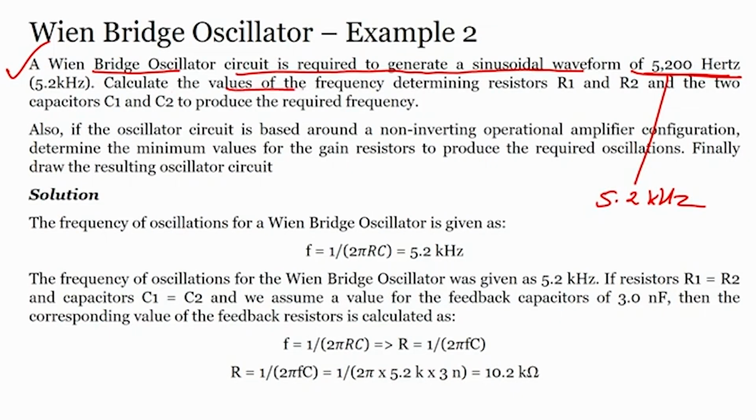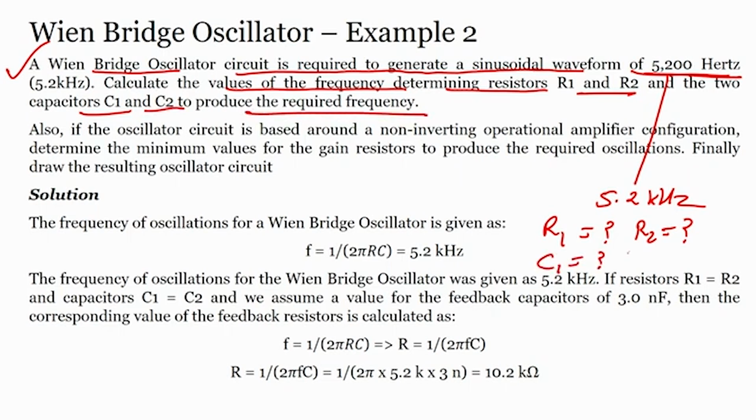Calculate the values of the frequency determining resistors R1 and R2, R1 is not known, R2 is not known, and the capacitors C1 and C2 to produce the required frequency. C1 not known, C2 not known.